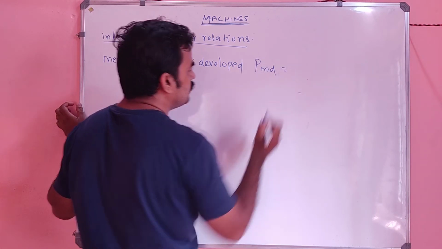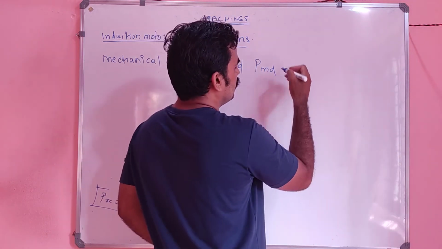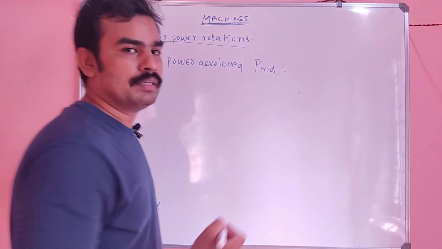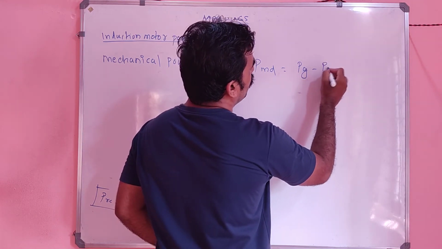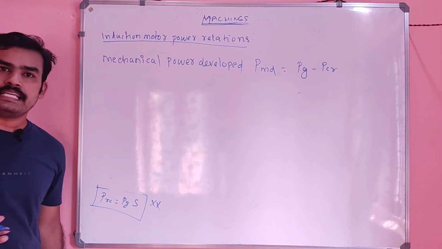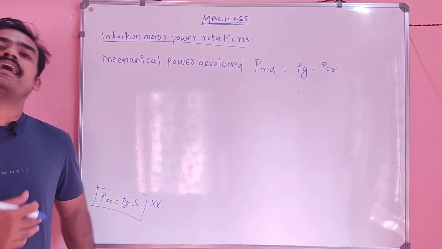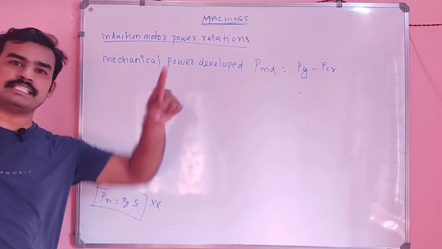Let PMD be the mechanical power developed. PMD is equal to what? What is the mechanical power developed? Rotor input power PG minus rotor copper loss, correct? Rotor input power PG minus rotor copper loss will be the rotor mechanically developed power, not the shaft power.